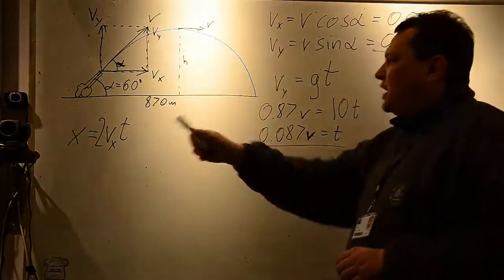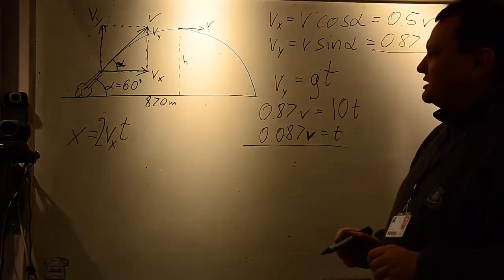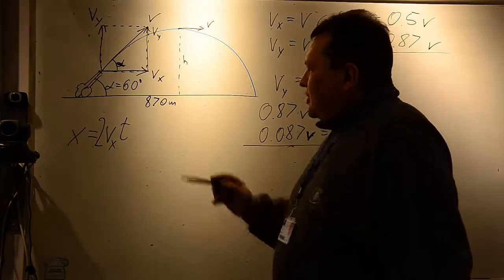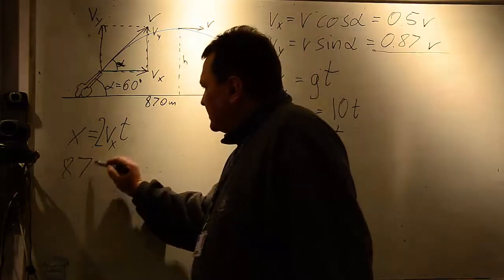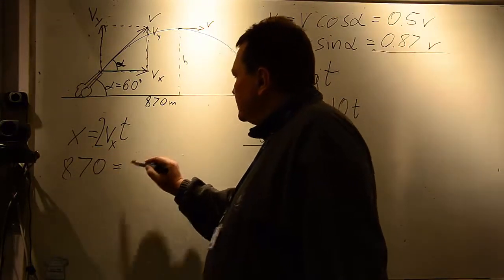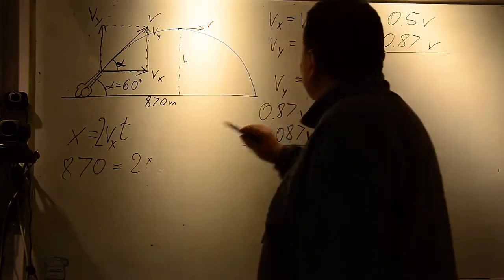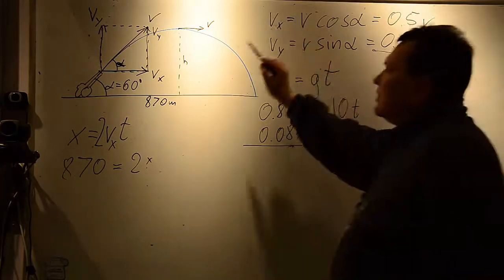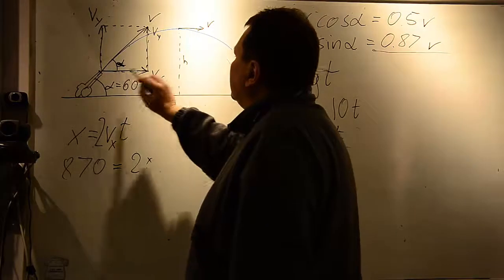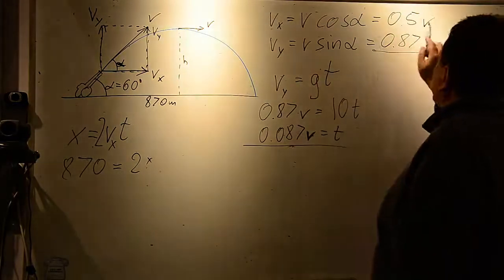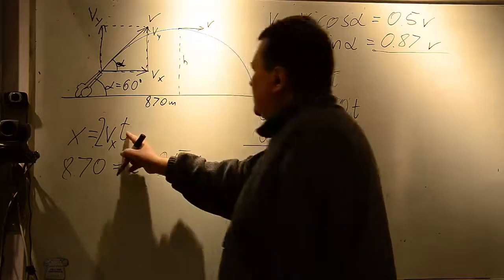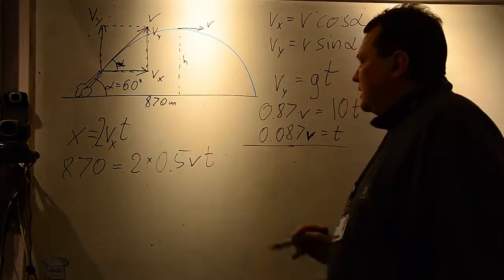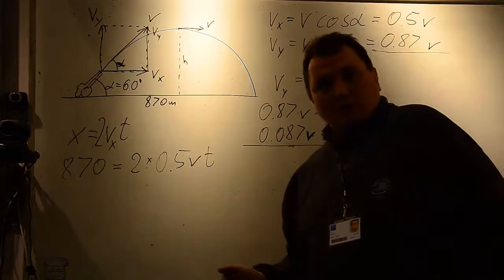Okay? So we have x equals 2vxt. So x, the distance, is 870. This equals 2 times vx, the horizontal component of velocity. It's 0.5v, multiplied by time. 2 times 0.5, it's 1.